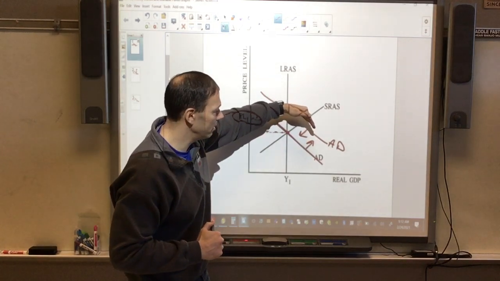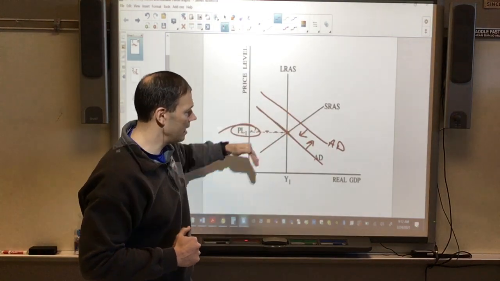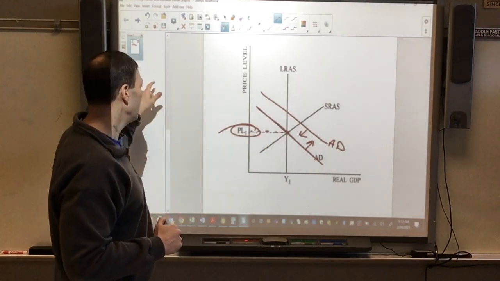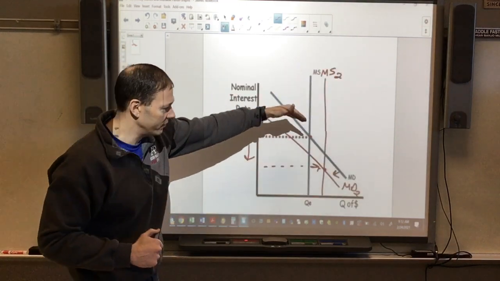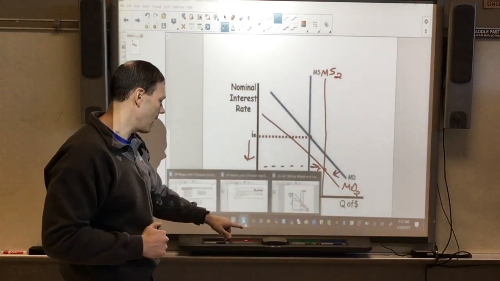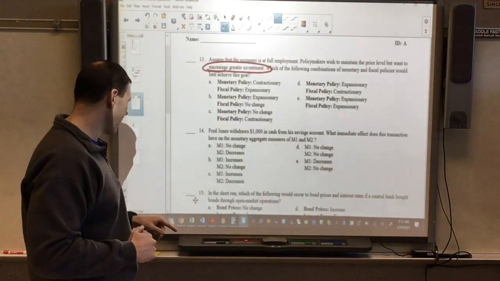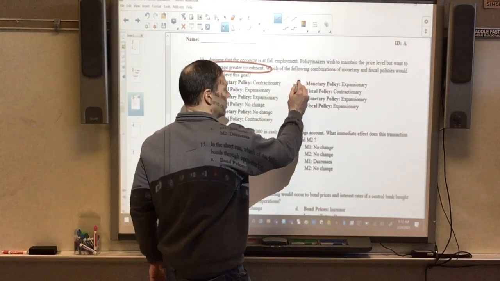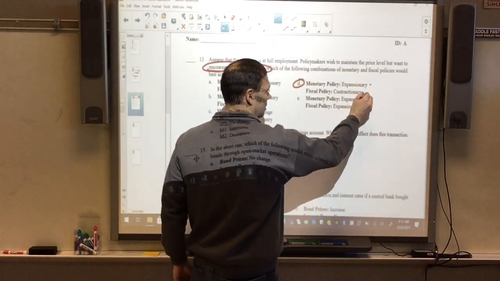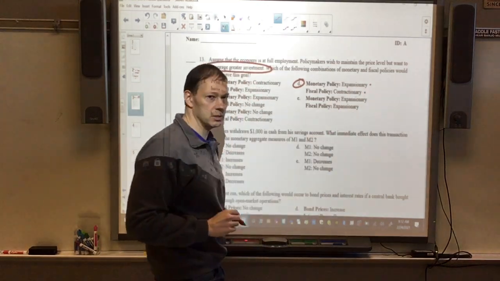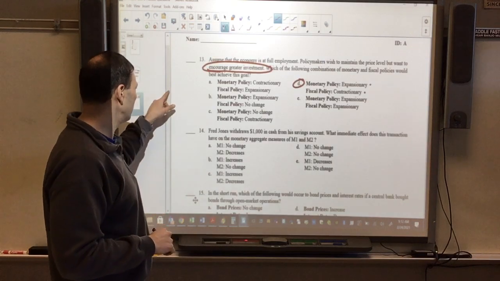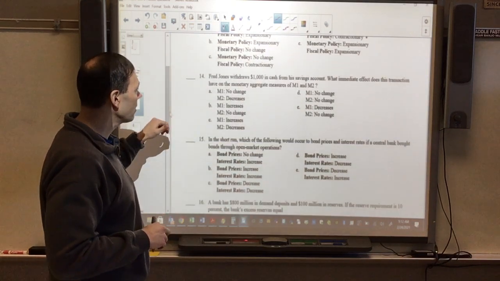The contractionary fiscal policy would make AD decrease, so that keeps the price level the same, but in regard to our money market graph, as you can see, interest rates go down. That's going to lead to greater investment. And so at the end of the day, we're going to end up with answer D. Okay, expansionary monetary policy, contractionary fiscal policy. Okay, a lot of moving parts to that question. If you got that one right, good for you, because that's a tough one.